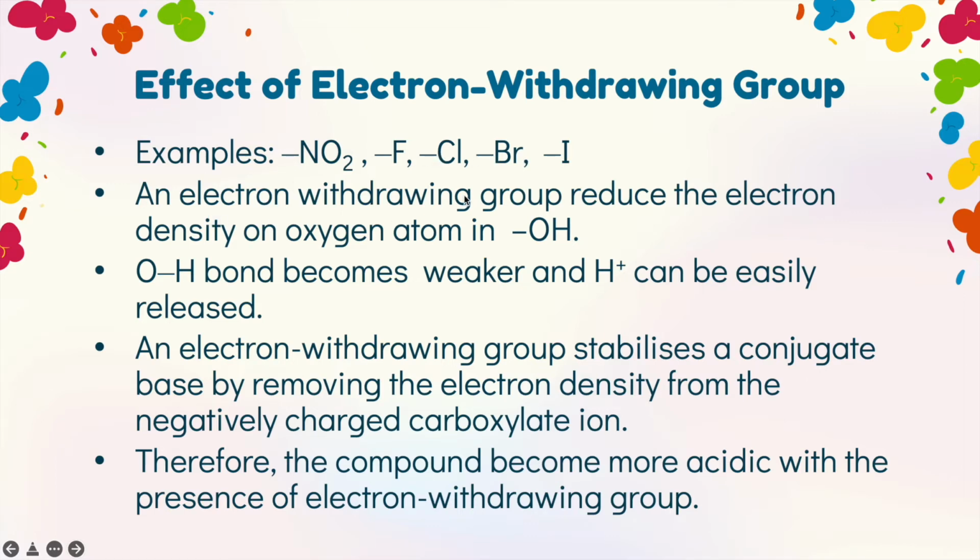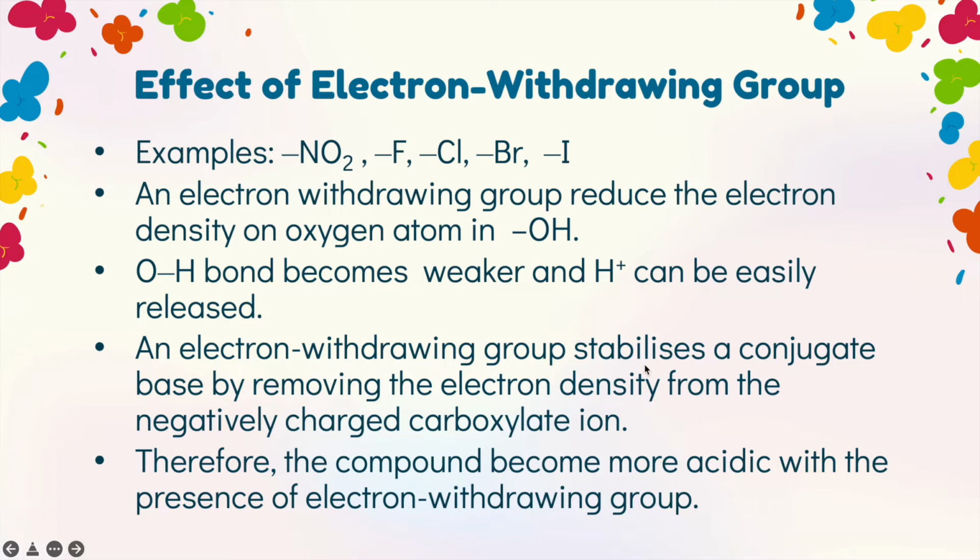An electron withdrawing group reduces the electron density on the oxygen in the OH of the carboxylic acid. So the electron density in the OH will be withdrawn by them, NO2, F, Cl, Br, making the OH bond weaker, so H+ can be easily released.